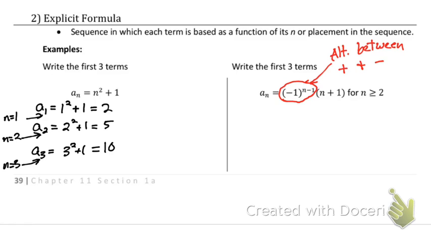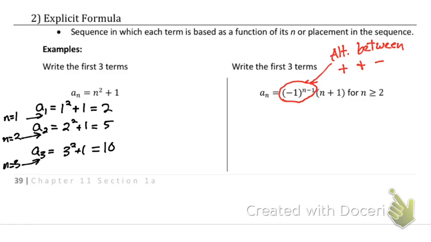You'll also see this as negative 1 to the nth power. You'll also see it as negative 1 to the n minus 2 power or plus 2 power. Your only goal is to plug in your first thing to see if it's negative or positive. So if you plug in your first term as negative, the next one is going to be positive, and then negative and positive. So in this case, that's our big thing.